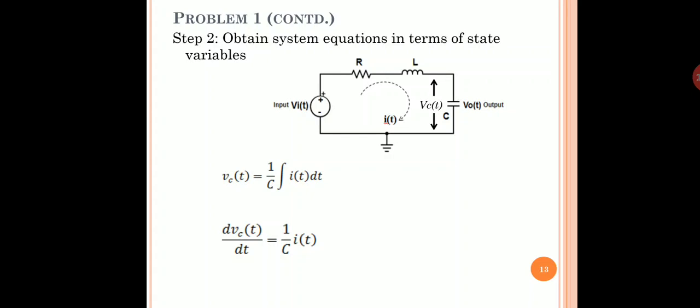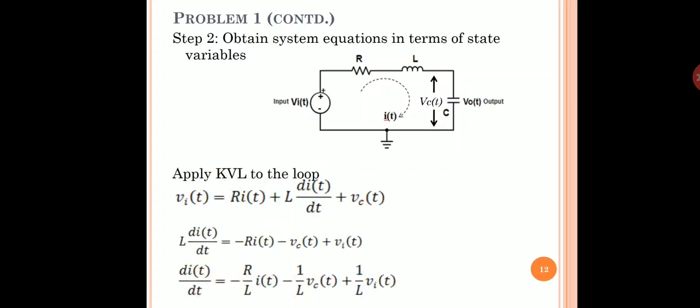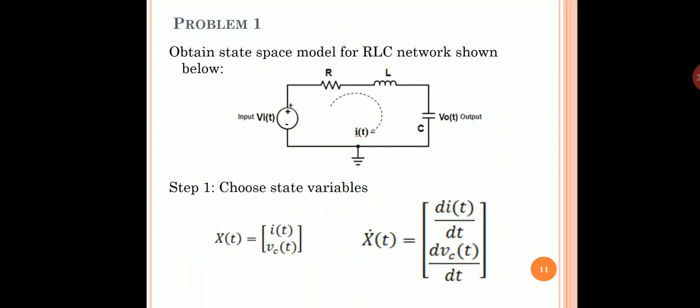So differentiate on both sides. I'll get 1/C, integration and differentiation get cancelled, so I get i(t). Basically, I wanted di(t)/dt and dvc(t)/dt.